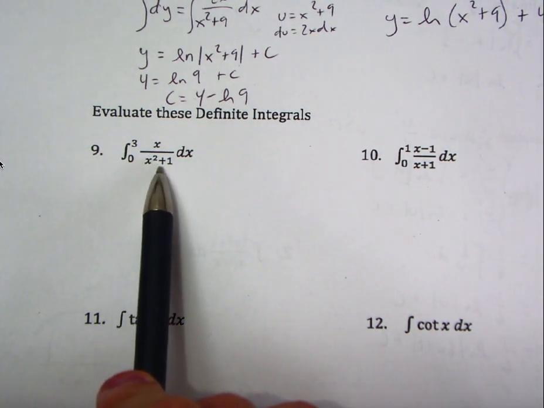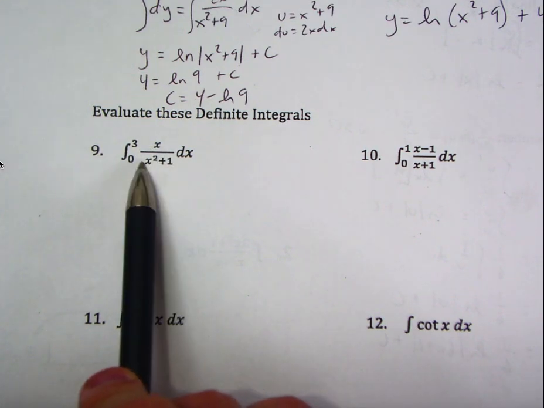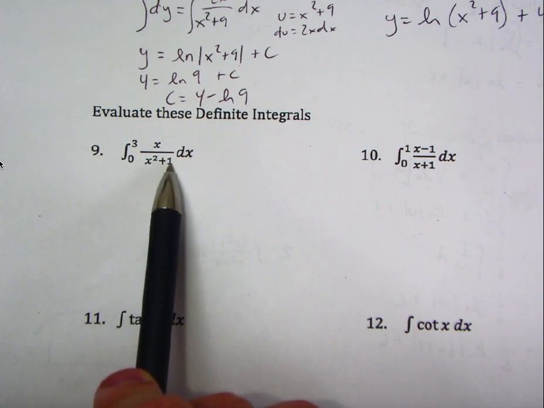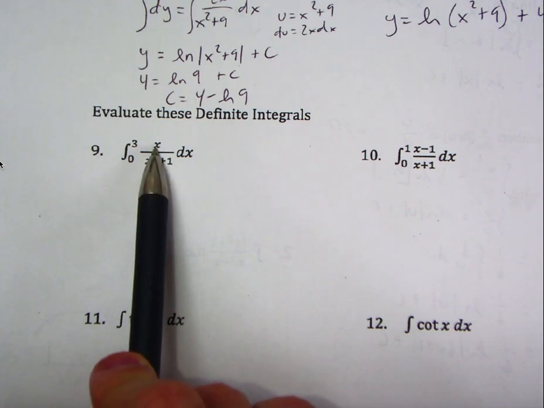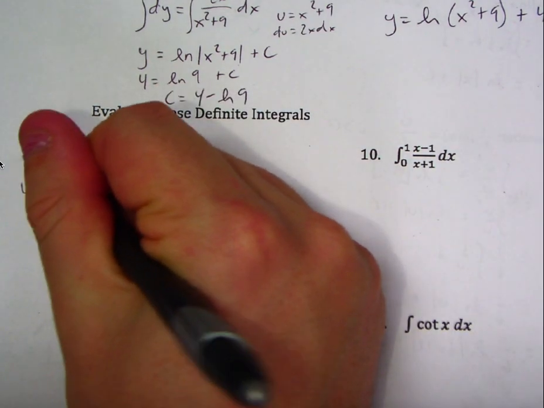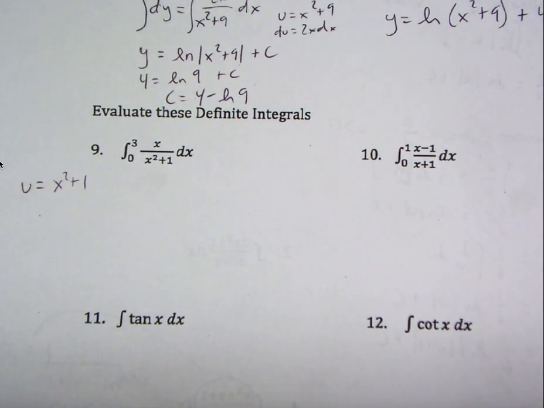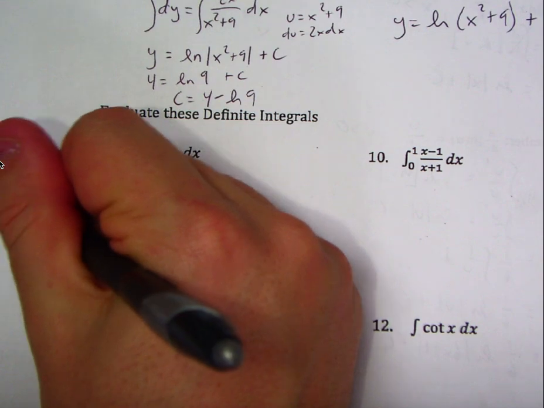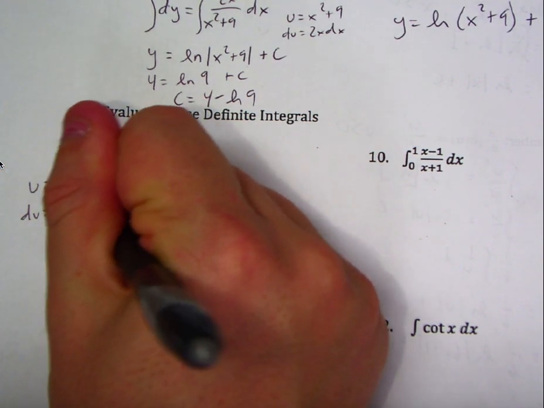So I need to integrate, and at first glance, I don't have a strategy, except I notice if u is x squared plus 1, du is 2x, x shows up on top. How convenient. U equals x squared plus 1. Du equals 2x dx.